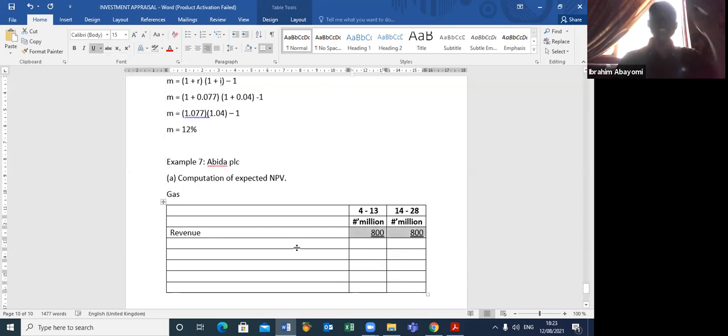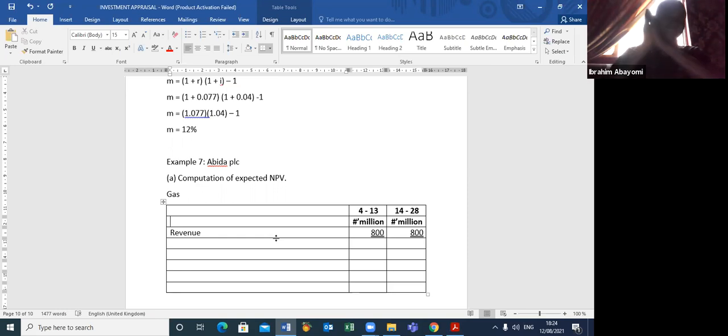Now, what can you notice here? You will notice that I'm not using the inflation rate of 3% because it is a general inflation rate. It will affect all my cash flows and my cost of capital. So what will I do? It is easy for me to convert cost of capital to nominal, rather than for me to be converting all my cash flows to nominal. So that's the reason why I'm maintaining all my cash flows in real.